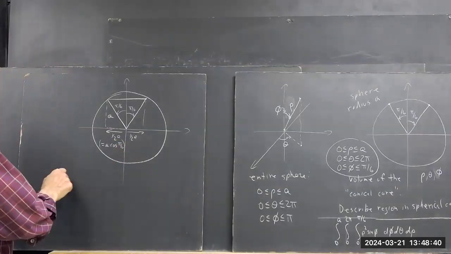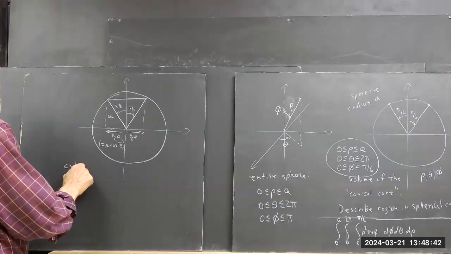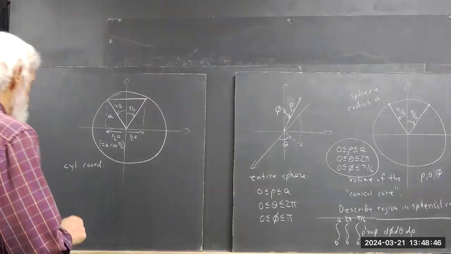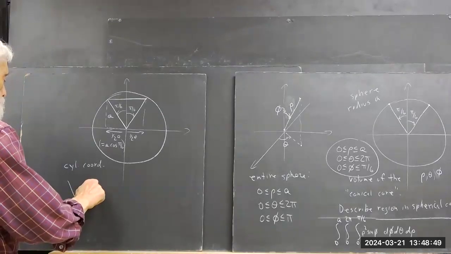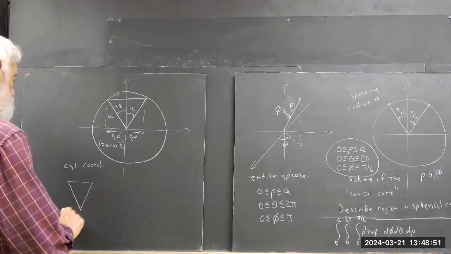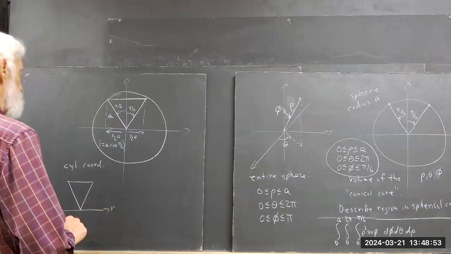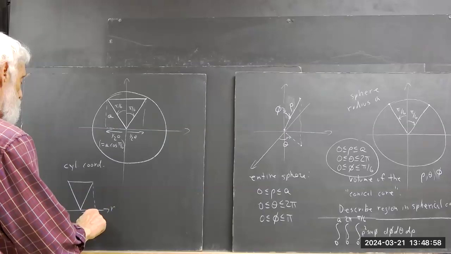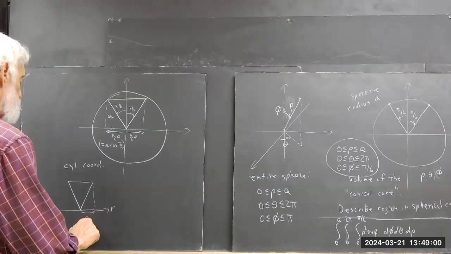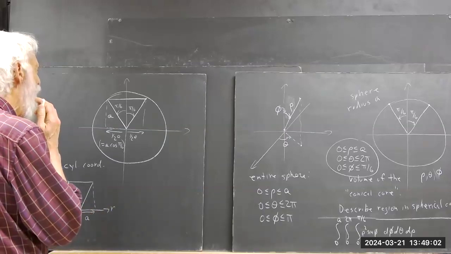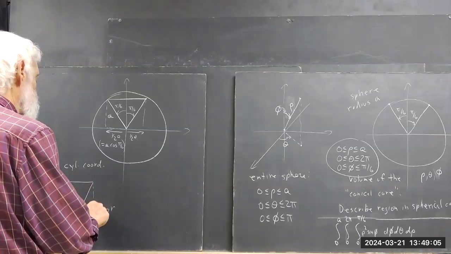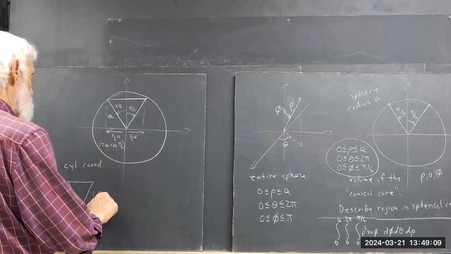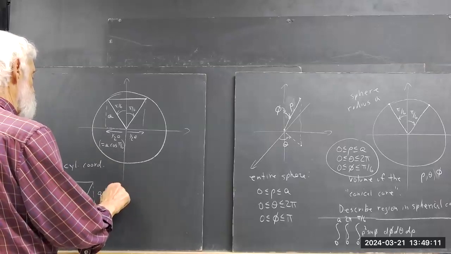So we could set this up in cylindrical coordinates. This is R. And this distance is A. This distance here is A times the tangent of pi over 6, right?